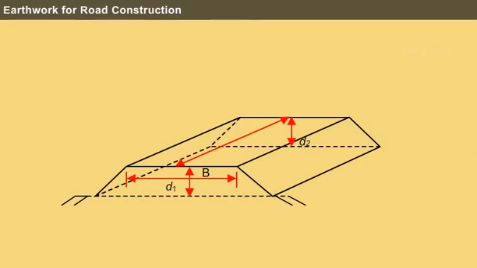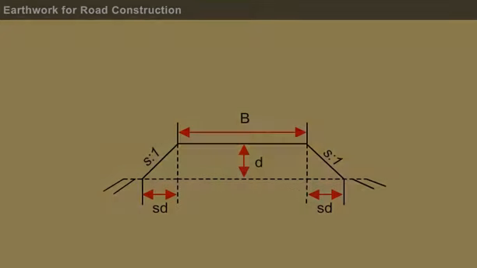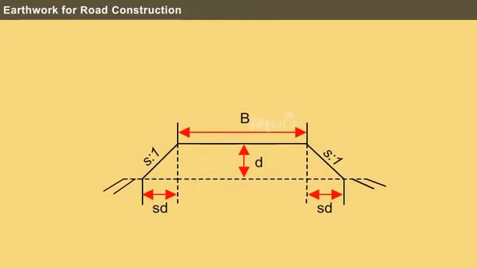Therefore, the quantity or the volume of the earthwork is equal to the sectional area into length. The sectional area is calculated by adding the area of the central rectangular portion and the area of the two side triangular portions of the trapezium.